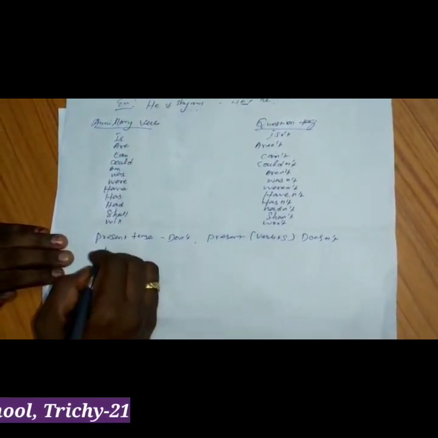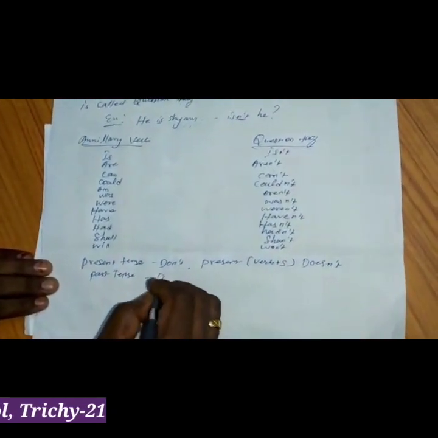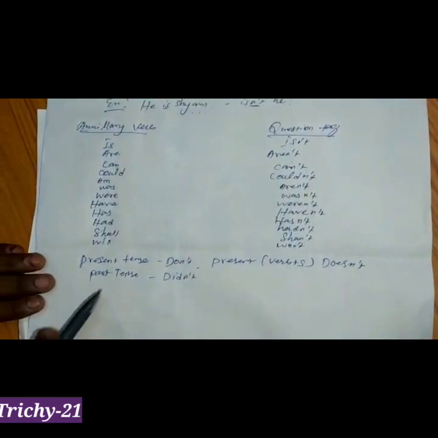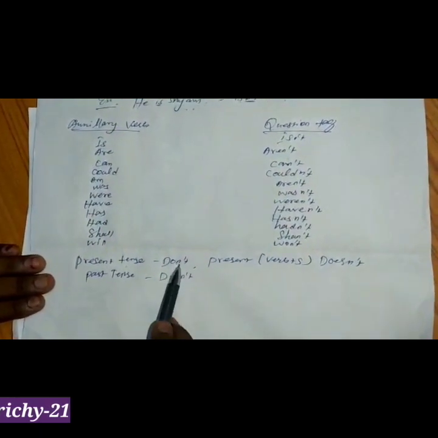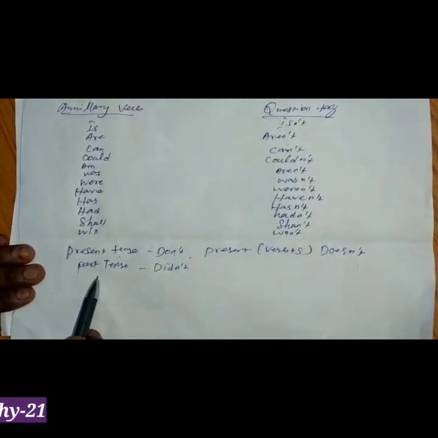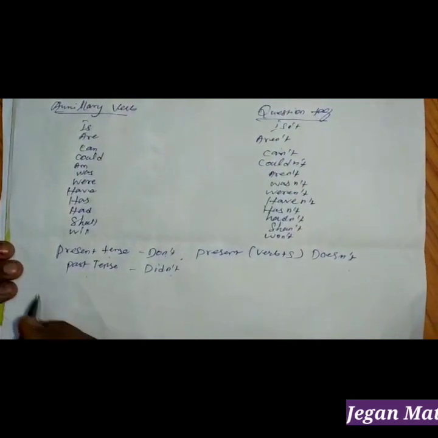Past tense: did, didn't. If we have a main verb in present tense, don't. If we have a present tense verb plus s, doesn't. Past tense means didn't.